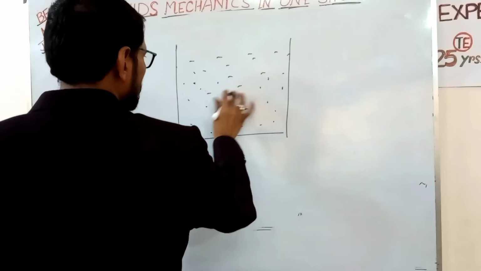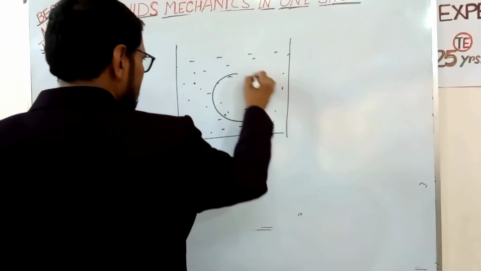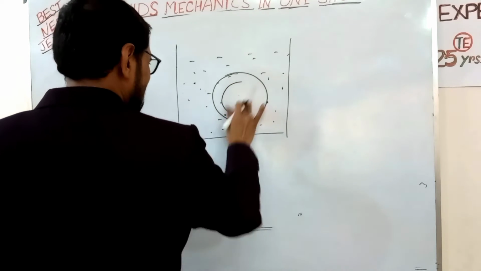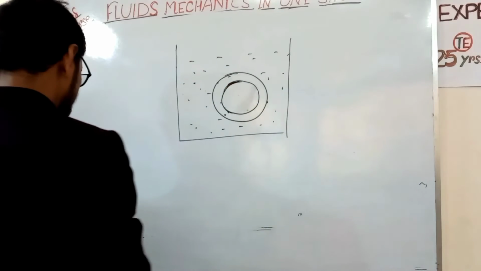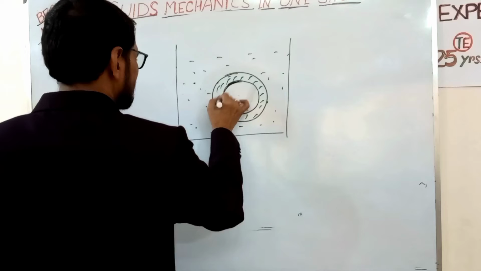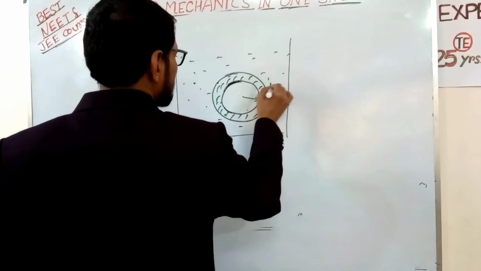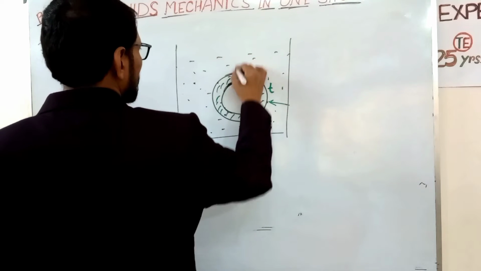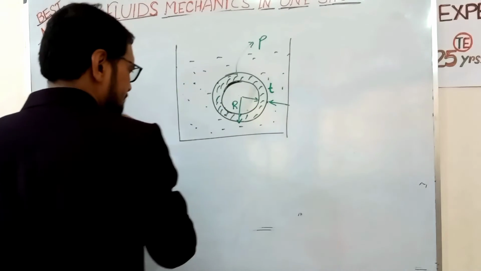A container contains some liquid, and a sphere, a shell. Suppose this is a shell, this thickness is t, the density of the shell is rho, and the radius of the shell is r.